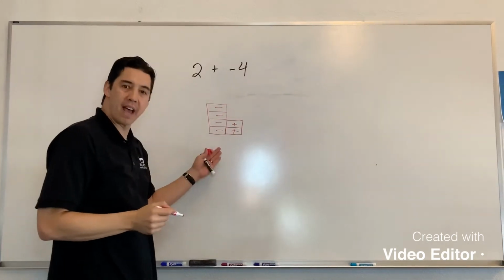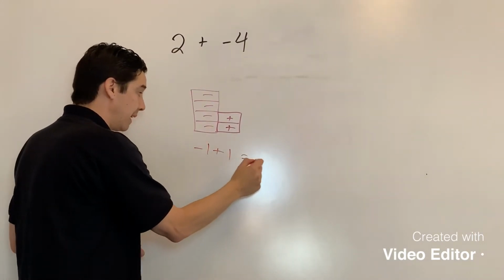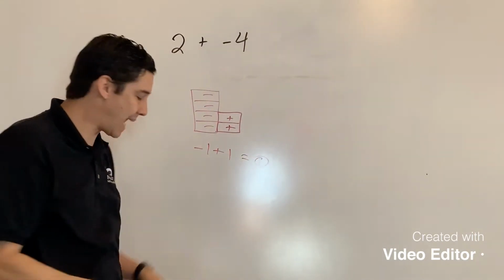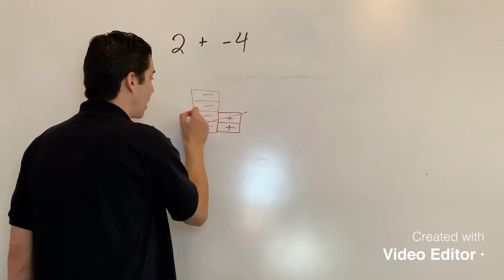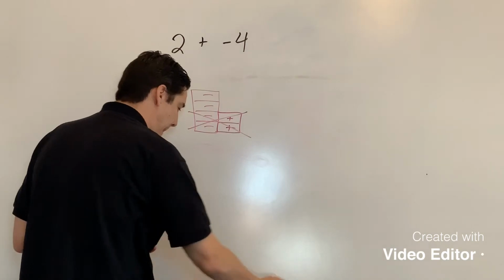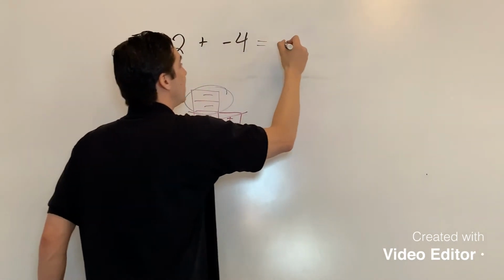All right, when we have a negative and a positive, like negative 1 plus 1, it equals 0. Opposites cancel each other out. So, these cancel each other out, and what are we left with? We're left with 2 negative tiles, which means this is equal to negative 2.